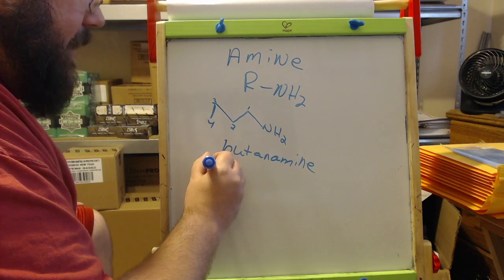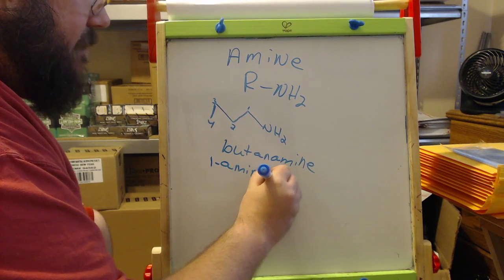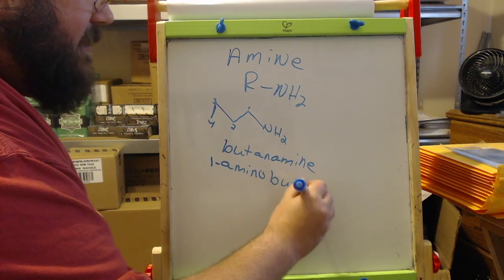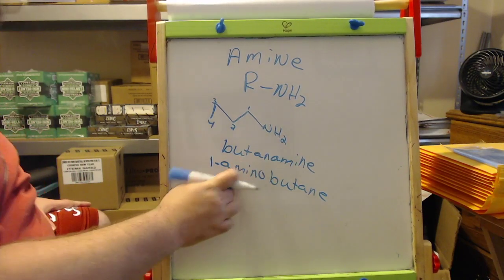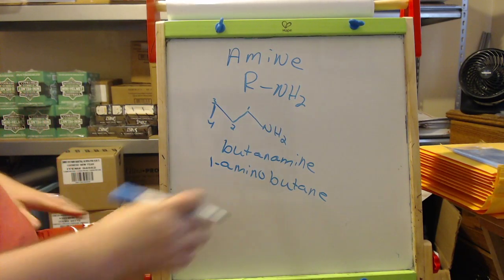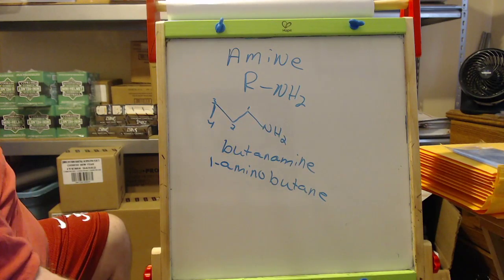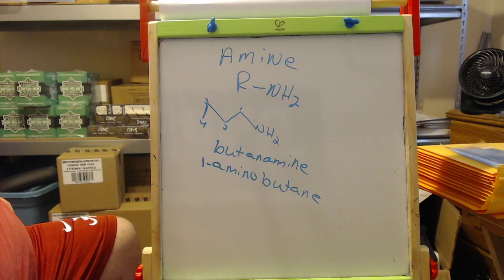Another way of writing it is 1-aminobutane. Now, I like this way, and the reason I like this way is because this could be used for this NH2 being anywhere on the chain.